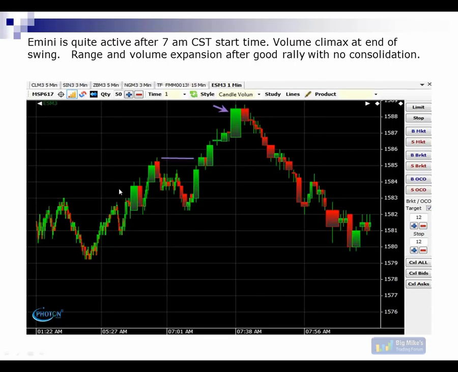The first point is, even in the AM session, here's our 7 a.m. opening, how much of the bars come in these just 1 minute periods? You can get some big markups. Big range, big volume at the end of the swing. Differentiate between this pattern versus the increase in volume that comes when you take out a previous swing high or resistance level.